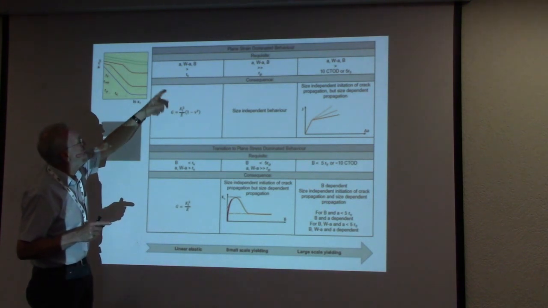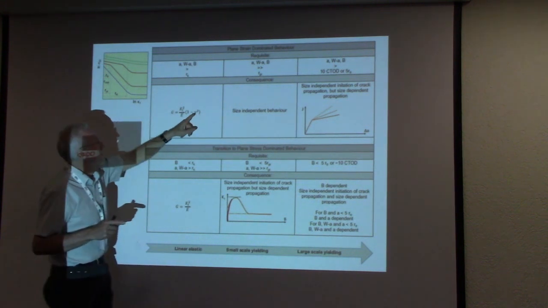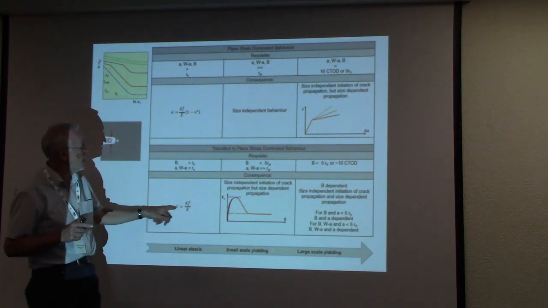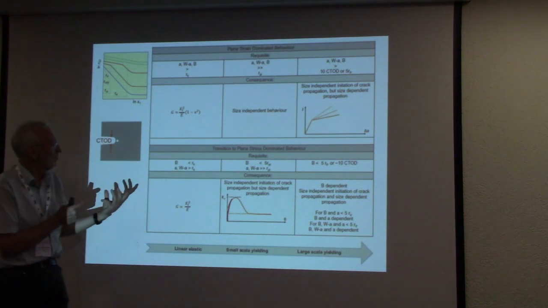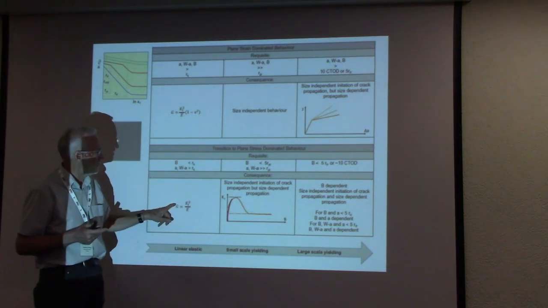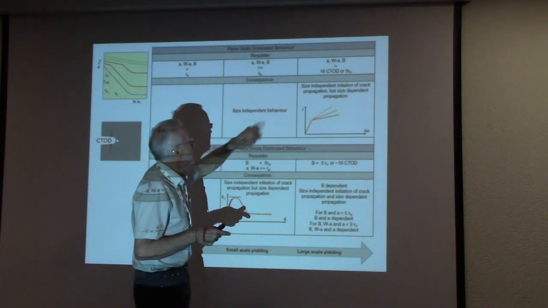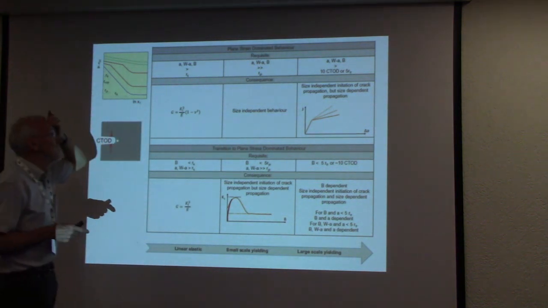All dimensions are larger than r_K. Then you have this equation for determination of the energy release rate. And if the thickness is small compared to the size of the plastic zone, then you have to take the plane stress solution.